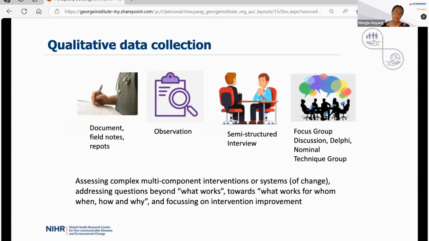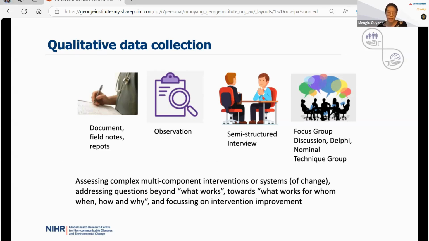And also it can be much more general, such as semi-structured interviews or focus group discussions or other types of discussions, such as nominal group discussion, or you can also collect data from Delphi as well.